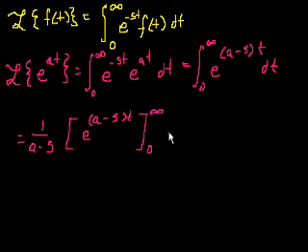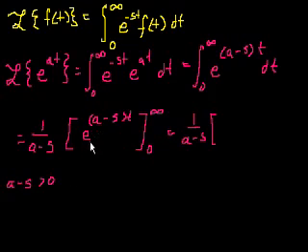And so this is equal to 1 over a minus s times, now we essentially have to evaluate at infinity. So what is the limit at infinity? Well, we have two cases here. If a minus s is greater than 0, what's going to happen? As we approach infinity, e to the infinity just gets bigger and bigger, because it's e to an infinitely positive exponent.